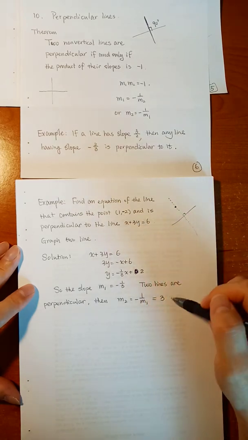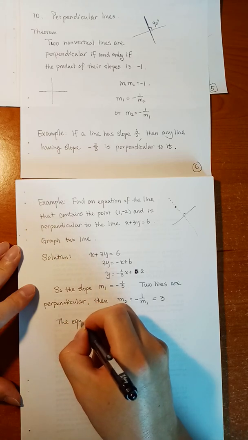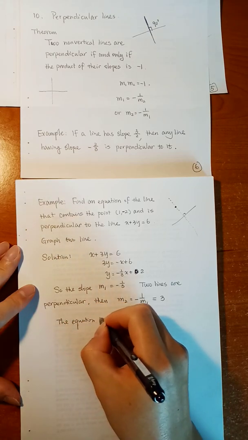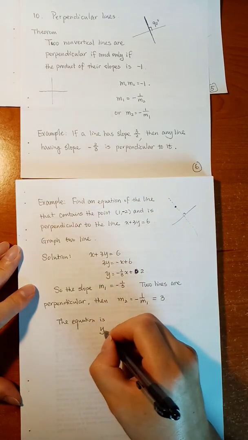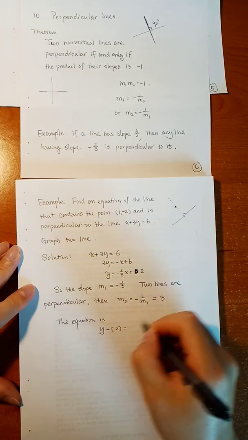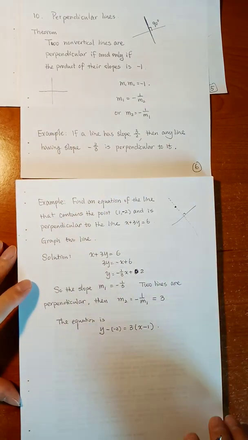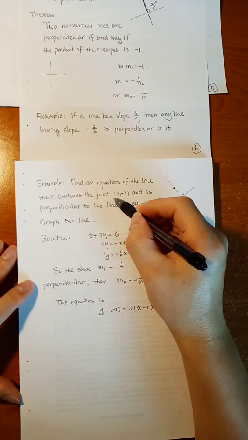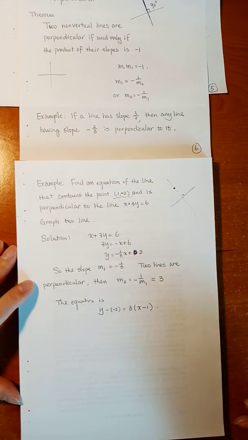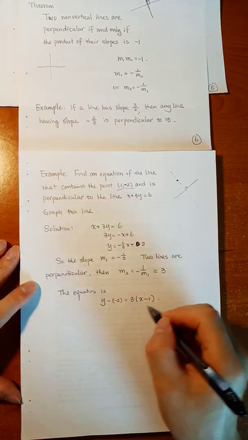So you have a point and you have a slope, so you can write the equation. The point-slope form is y minus negative 2 is equal to 3 times x minus 1. Here you use the point information and the slope.